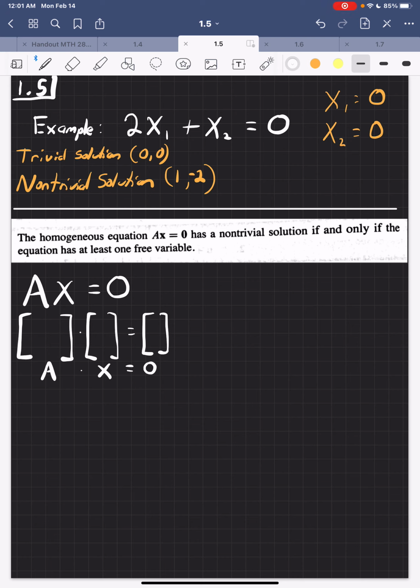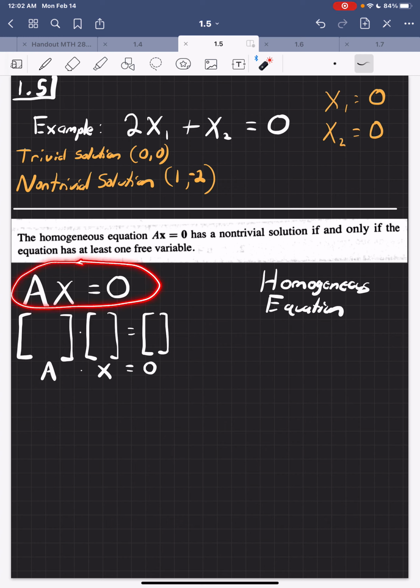We refer to this equation as a homogeneous equation. A homogeneous equation is always set equal to 0.